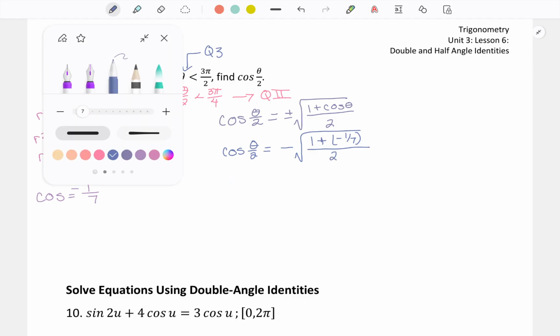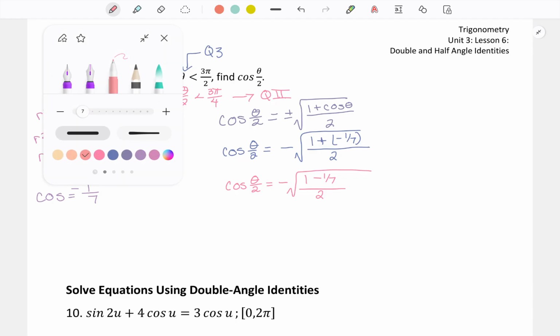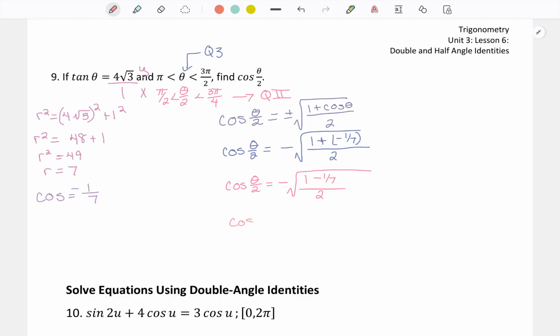So then we have that cosine of theta over 2 equals a negative square root of 1 minus 1 over 7 over 2. Cosine of theta over 2 equals a negative square root of, and then we have 1 minus 1/7.